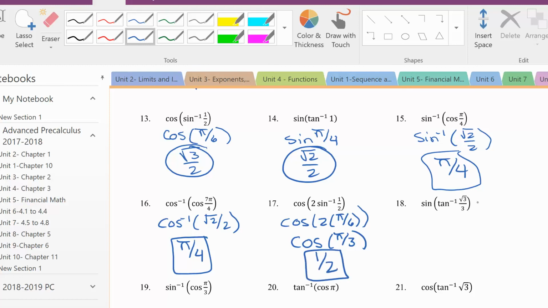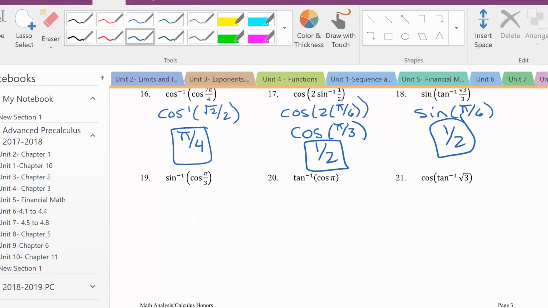Sine tangent inverse rad 3 over 3, well, the tangent inverse of rad 3 over 3 is pi over 6, and sine of pi over 6 is 1/2. Sine inverse of cosine pi over 3, well, cosine pi over 3 is 1/2. Sine inverse of 1/2 is pi over 6.